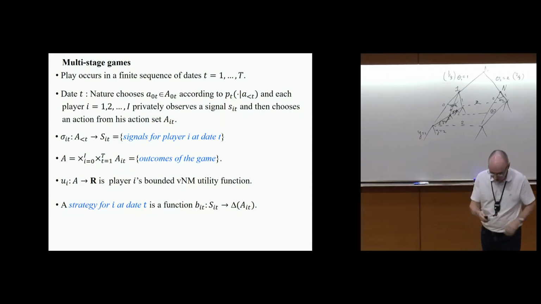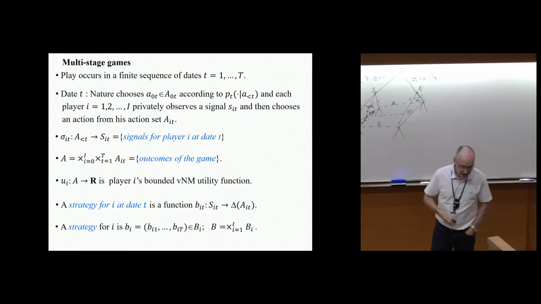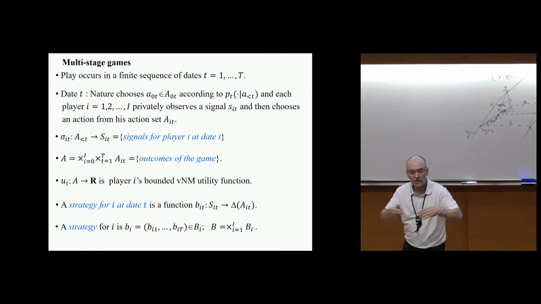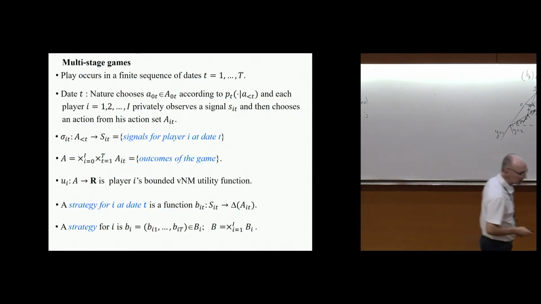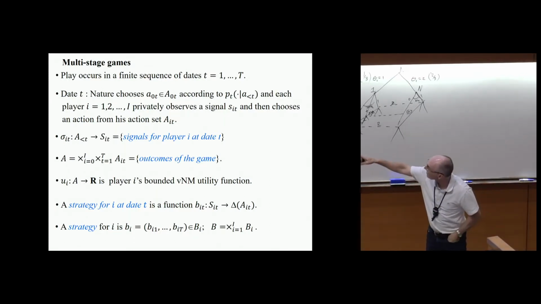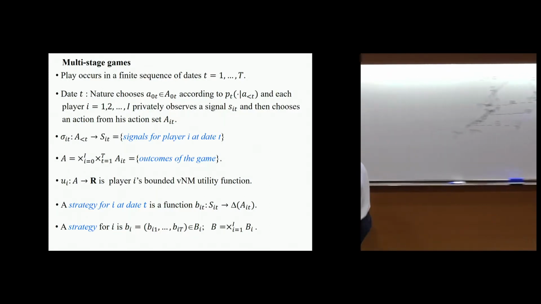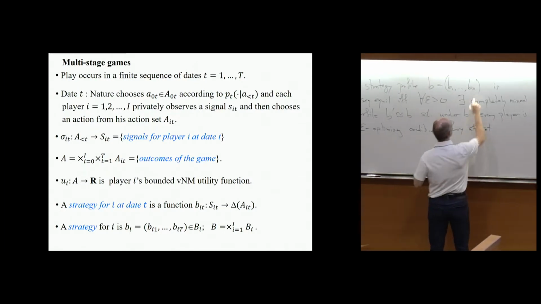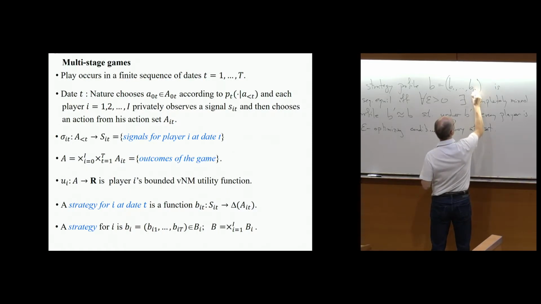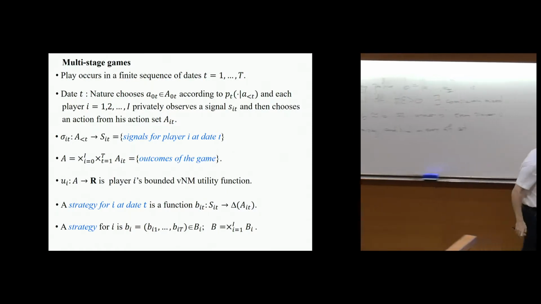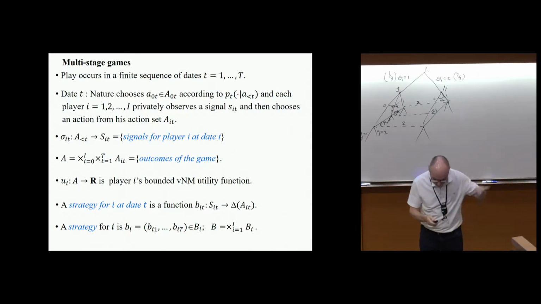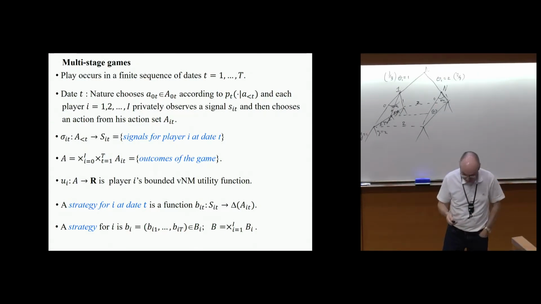So it's a behavioral strategy for player i at date t. And of course, a strategy for a player i is just stringing together all of her date t strategies for all dates. And a profile is just a combination of all of those things, B_1 up to B_I. Okay, that's that notation which we had to do.